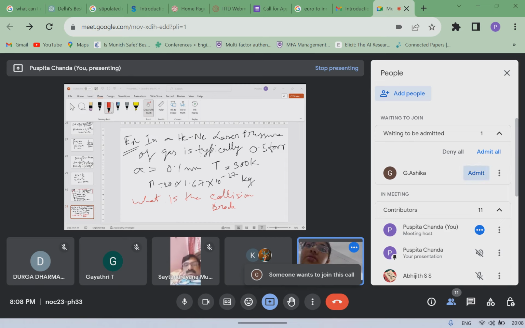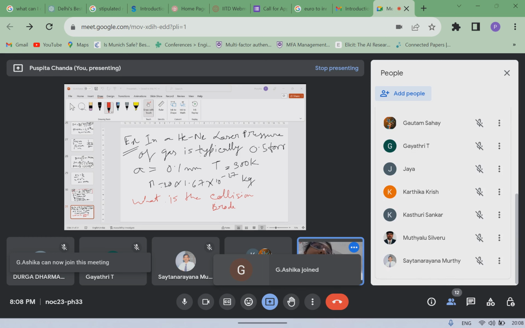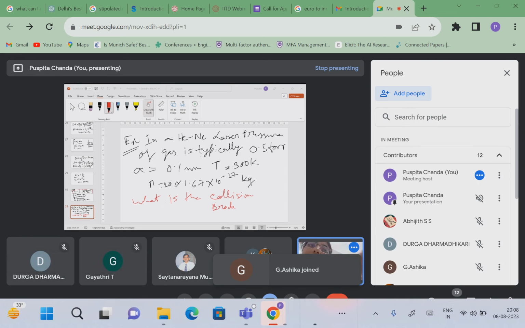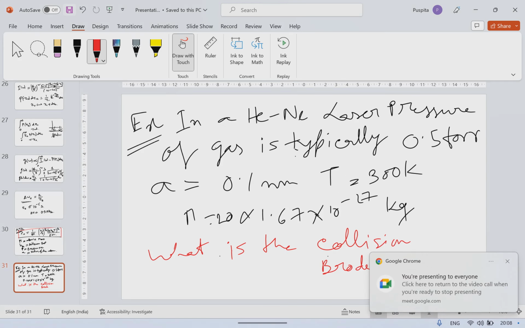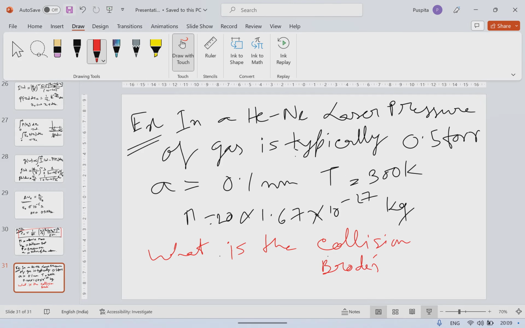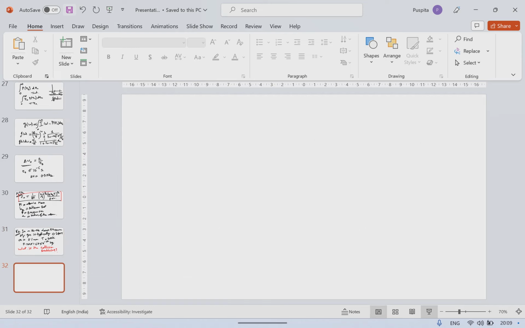Okay, so first you need to calculate the collision broadening, which is 2 by τ0.